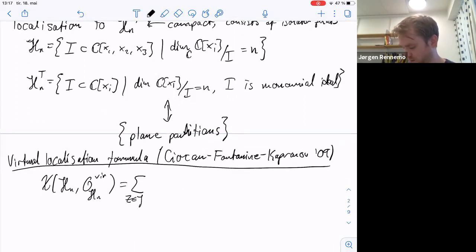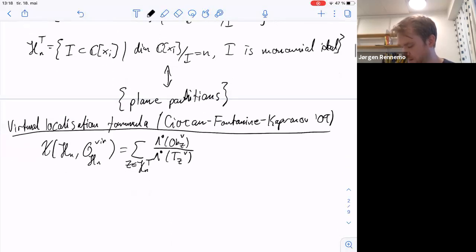So sum over all fixed points, and you do the following.